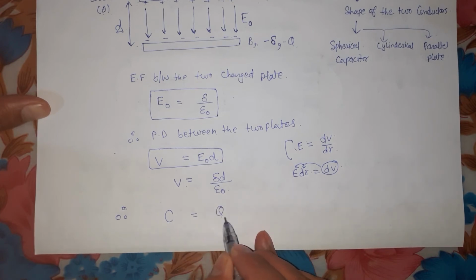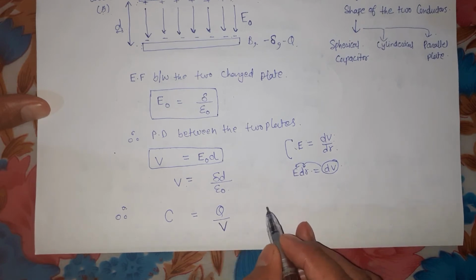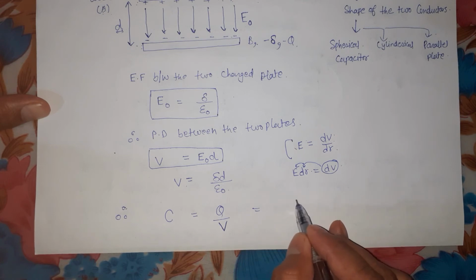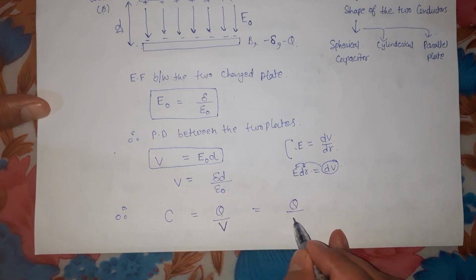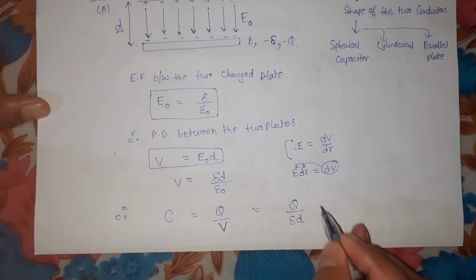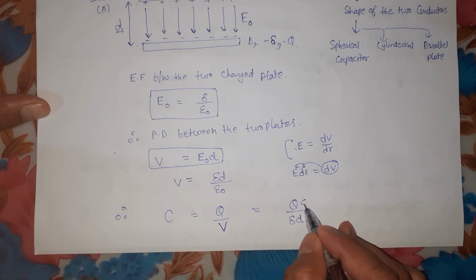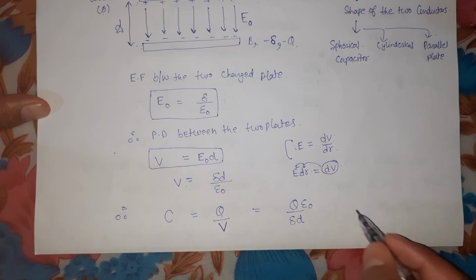It is already known to us: the charge required to raise the potential difference by 1 volt, which is equal to Q upon V. So here sigma D and epsilon naught will go in the numerator.